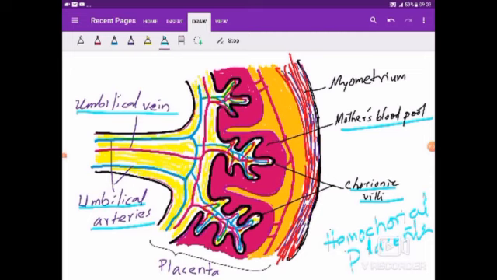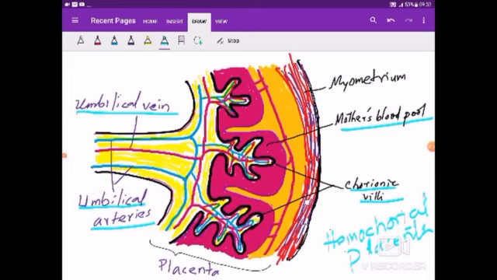The umbilical arteries and their branches also carry urea, that is the nitrogenous waste, which is also diffusing into the mother's blood. So, removal of the nitrogenous wastes.